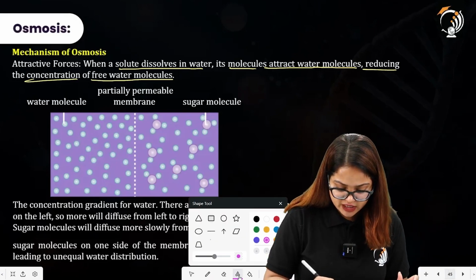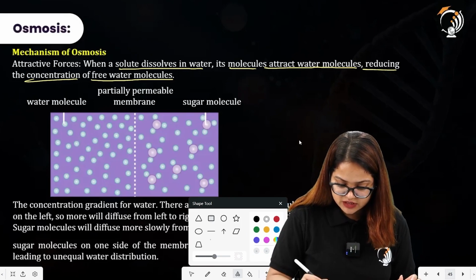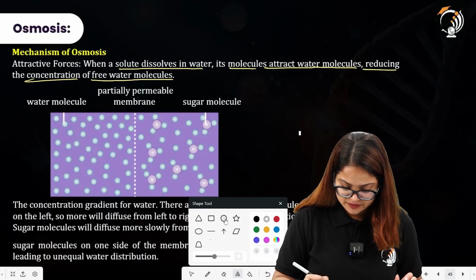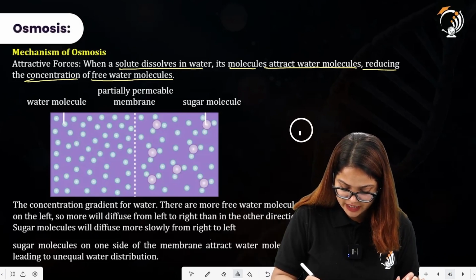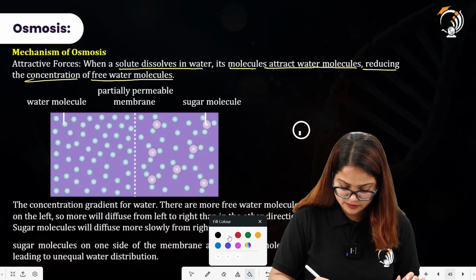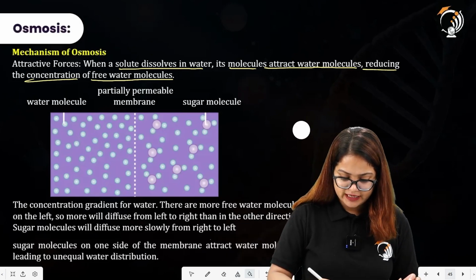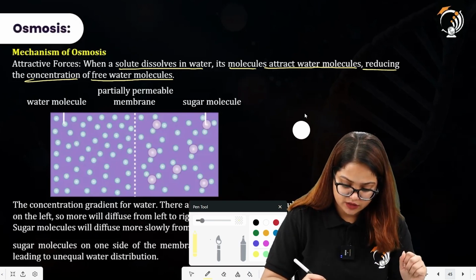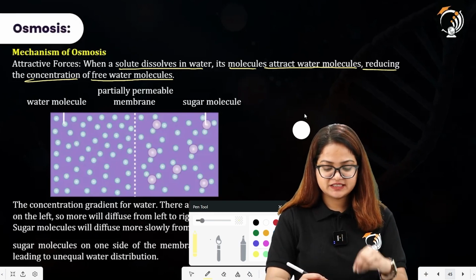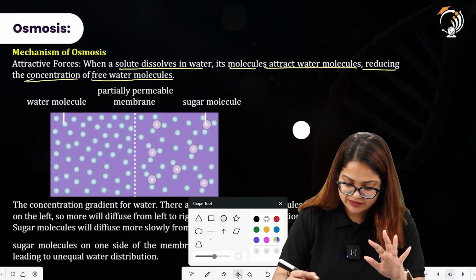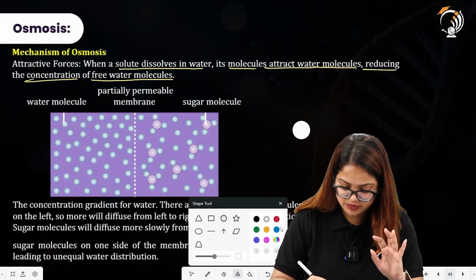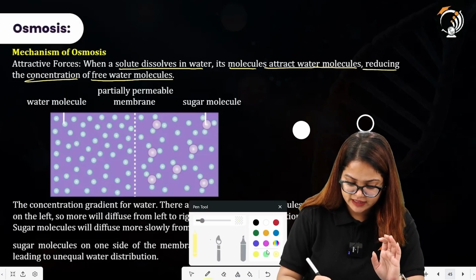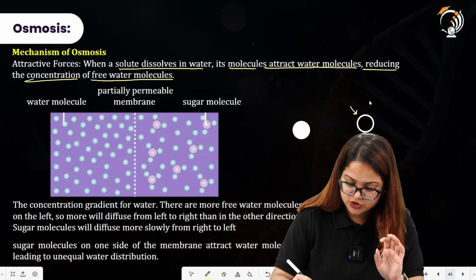Now let us assume that here we have a water molecule. Alright, and on the other side we will assume that we also have a water molecule which is surrounded by sugar molecules.